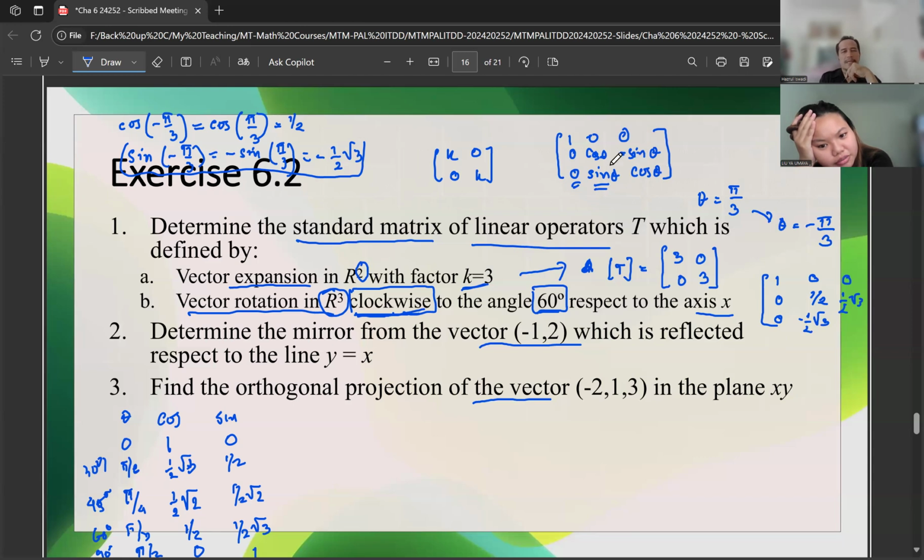This is cosine theta, as we have here, will be a half. So this is our matrix. Standard matrix of vector rotation in 3 dimensions clockwise by the angle 60 degrees with respect to the x-axis.